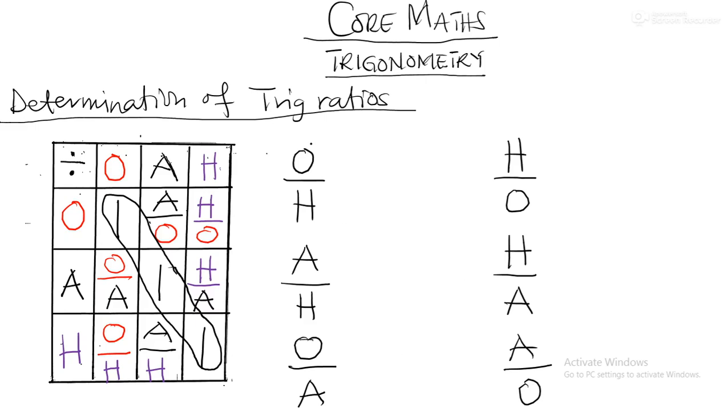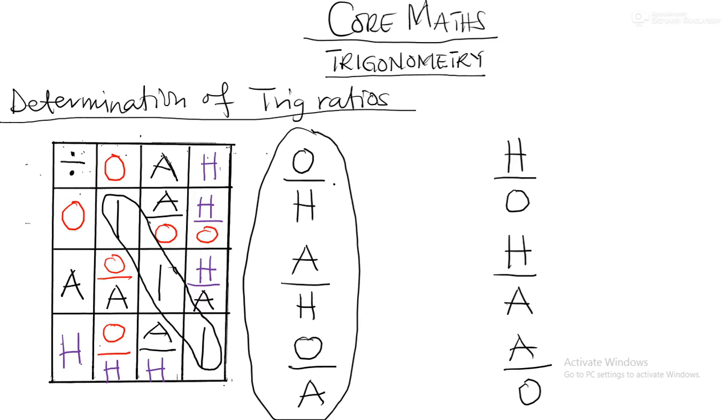But we have these 3 as the basic trig ratios. So these 3 are the basic trig ratios. And these other 3, looking at it, the opposite here, which is the numerator, has now become the denominator. And then the hypotenuse, which is the denominator, has now become the numerator.